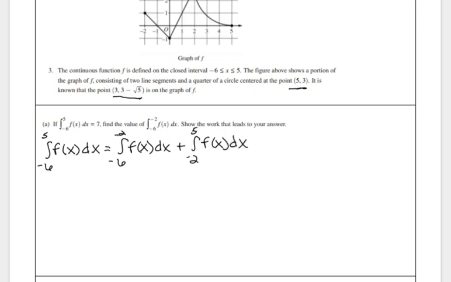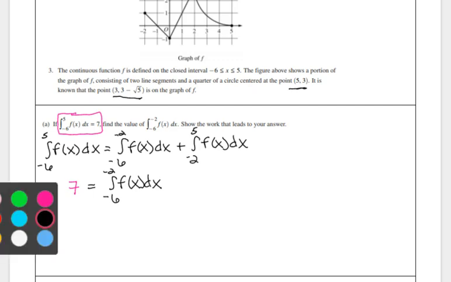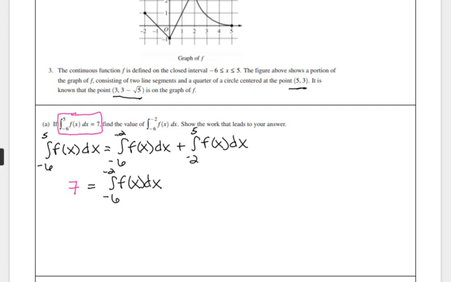Now what's nice is we already know from the givens that this integral is 7. And we know that this integral is what we're looking for, -6 to -2 of f of x dx. And we are able to use the graph to actually find this one.